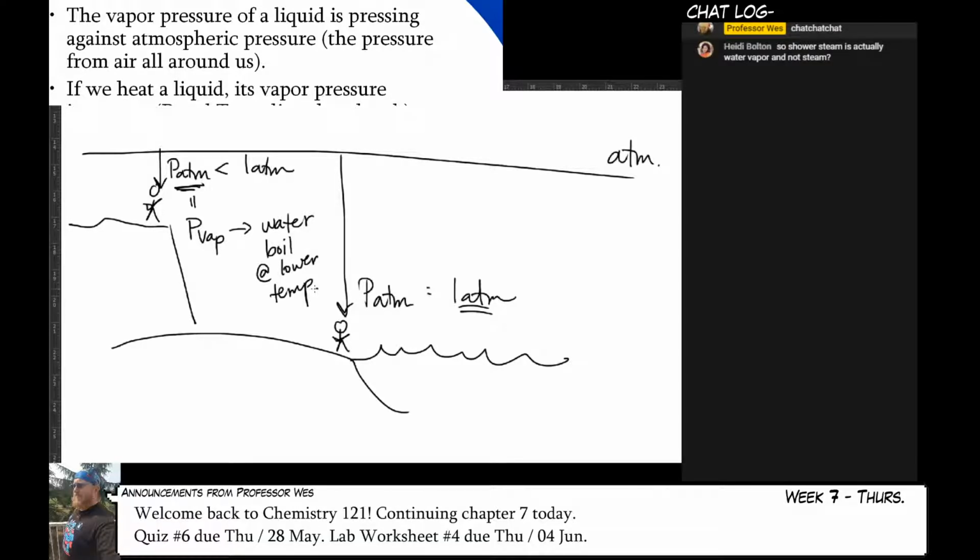The opposite happens if you were to cook, say, let's say we're on the other side of the ocean here, or a lake, and we cook in this pit. So let's suppose that we're in Death Valley.